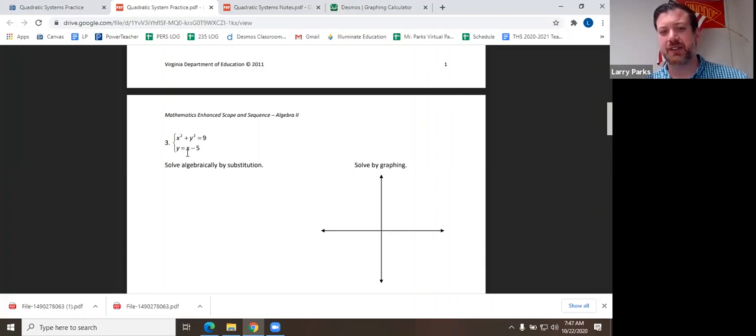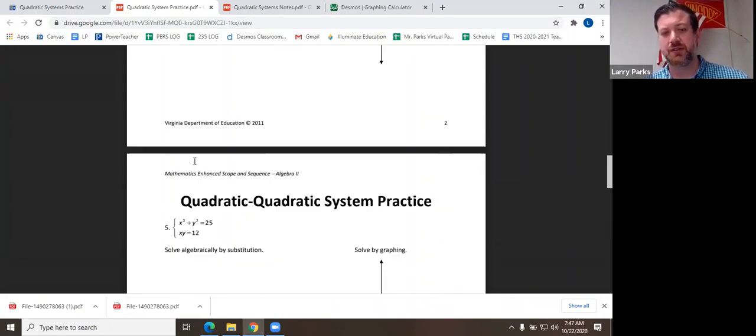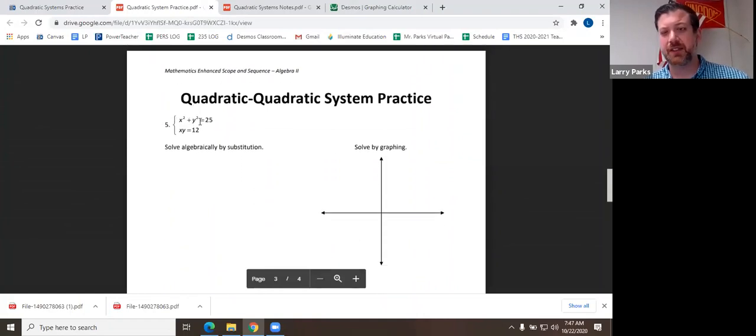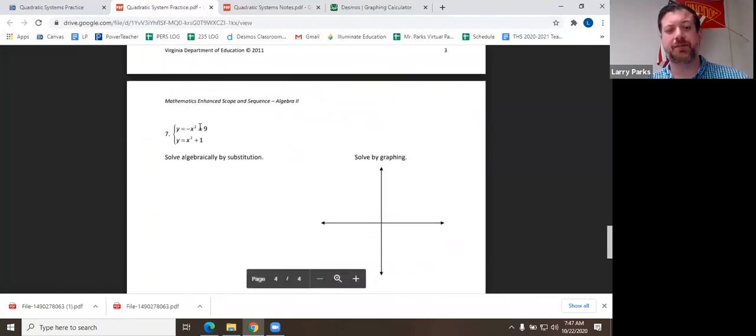Where do they intersect? This is a parabola and a line. Where do they intersect? How many solutions? Here, that's a circle and a line. How many solutions? Where do they intersect? Parabola and a circle, same thing.